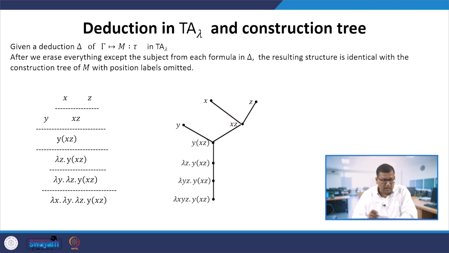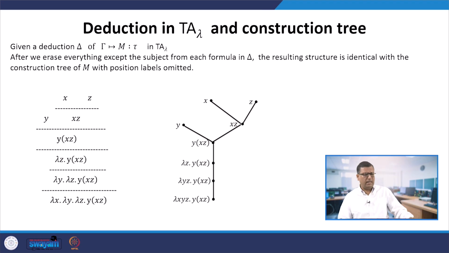So we see that instead of horizontal lines, we have nodes of the tree and we have links, or the edges of the tree. They are just represented in a different way, but their structures are the same.